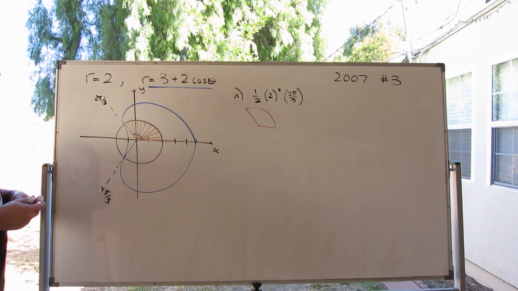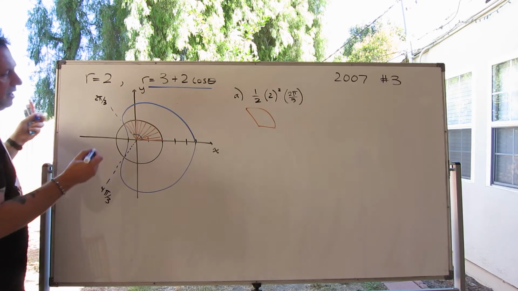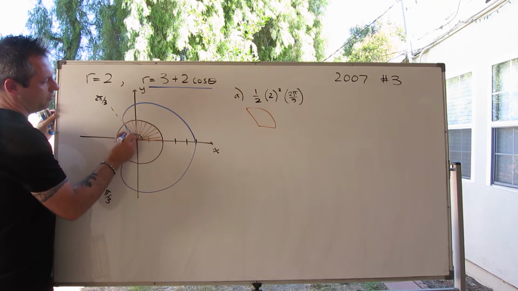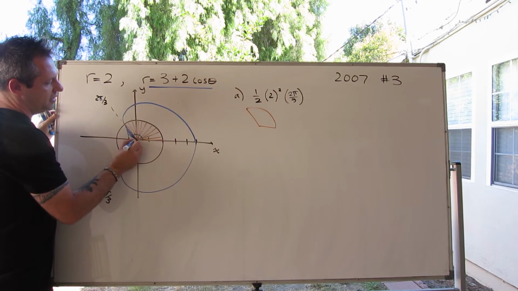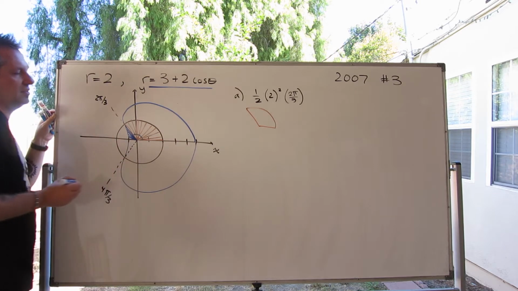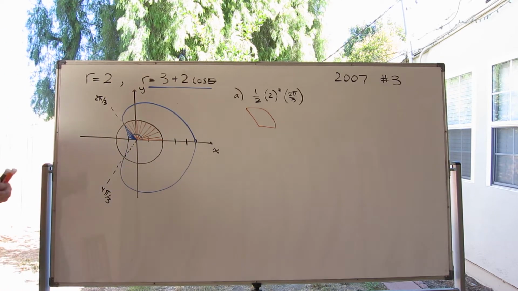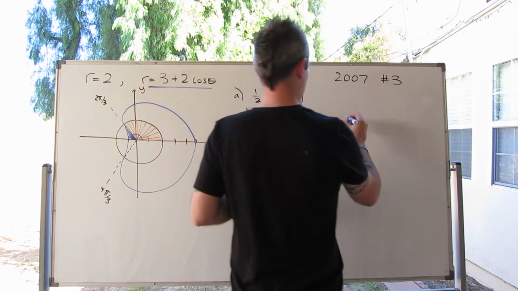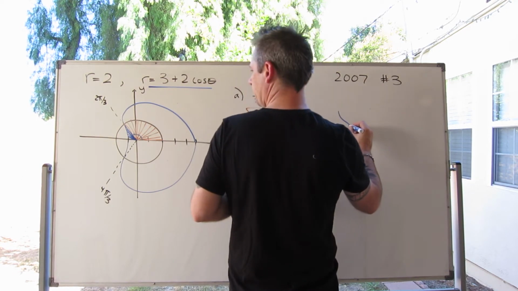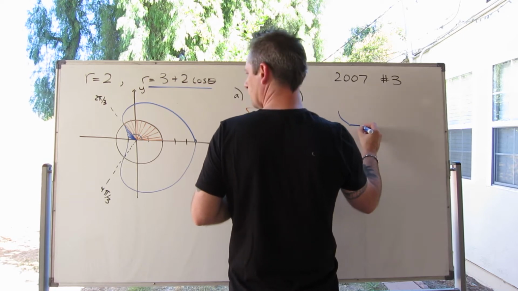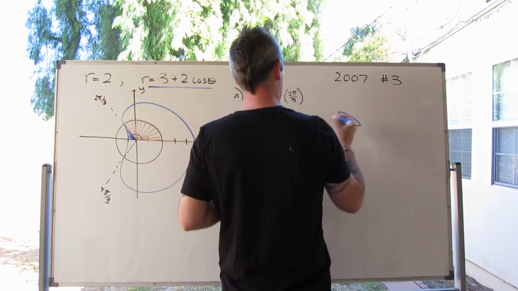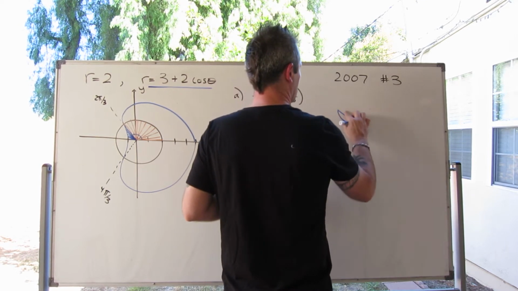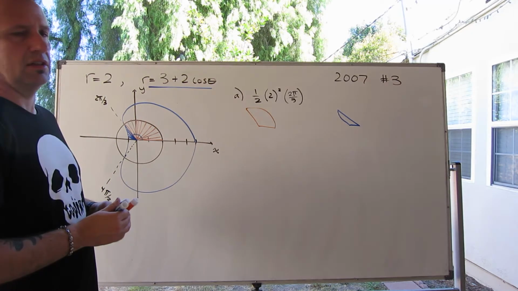After we hit the angle of 2 pi over 3, then I'm shooting out from the origin, hitting my blue curve like so, as theta increases, all the way till I get to pi. For that area, we will in fact need an integral. And that area kind of looks something like this. Oh, sorry, that should be a sort of a straight line shooting up like that. So that's the other piece that we're trying to find.